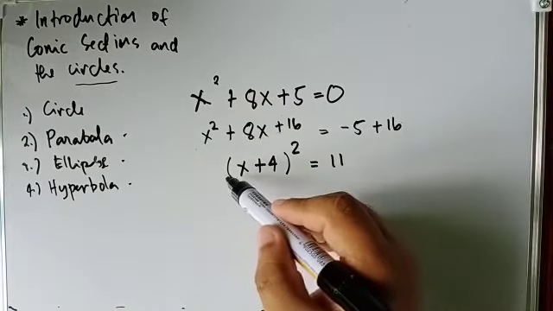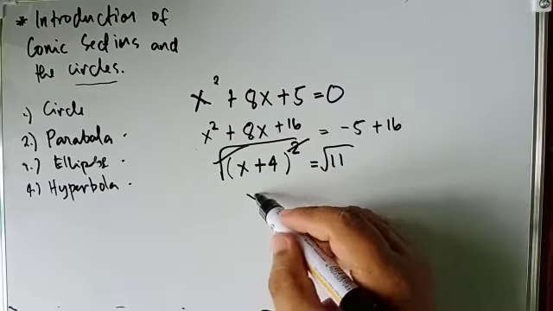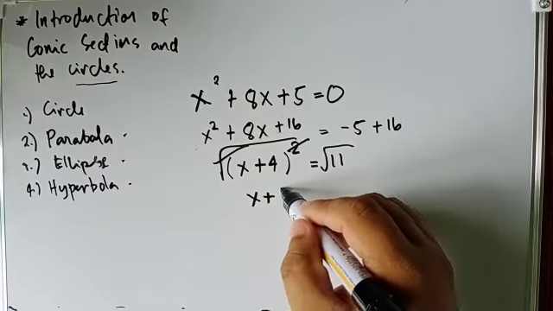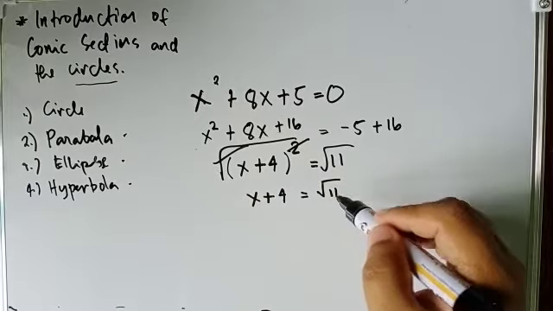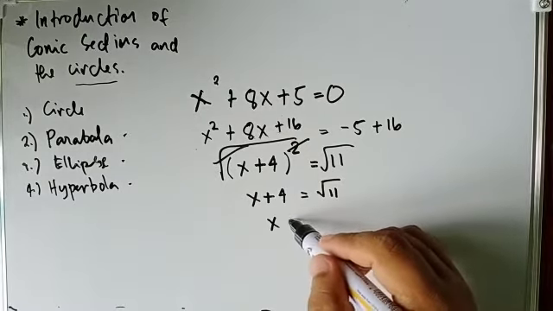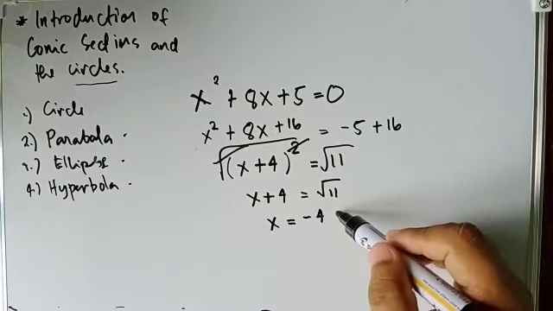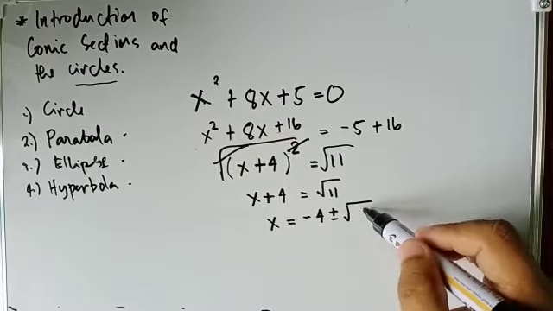Then extract the square root. So x now, copy this one, x plus 4 is equals to square root of 11. So x therefore is equals to, transpose yung 4, magiging negative 4 siya, then positive negative square root of 11.